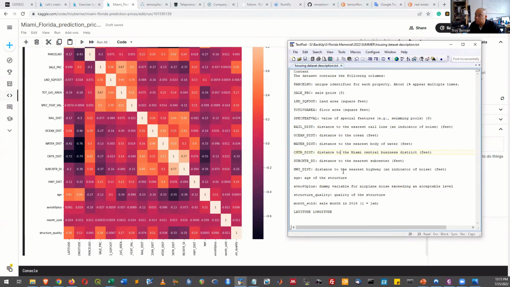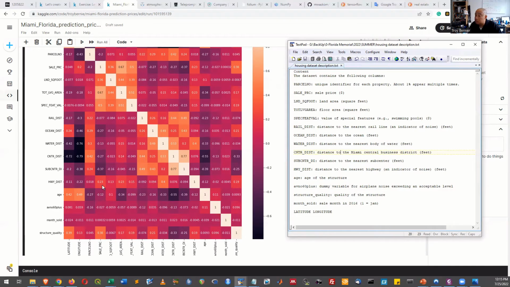Let's take a look at another one. Highway distance. Let's look at highway distance and price. Highway distance and sales price. Still basically the same as the last one. Not a lot of correlation.